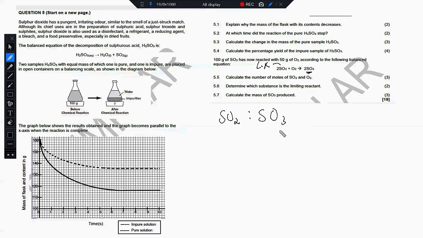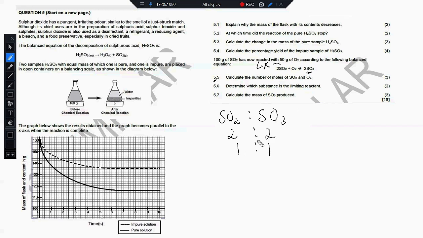The product. Now the ratio we can see from the coefficients is 2 is to 2. Remember, 2 is to 2 can be simplified further to 1 is to 1. And whenever we have a ratio of 1 is to 1, this simply means that the number of moles is the same, right? So the number of moles of the SO2 is the same as the number of moles of the SO3.